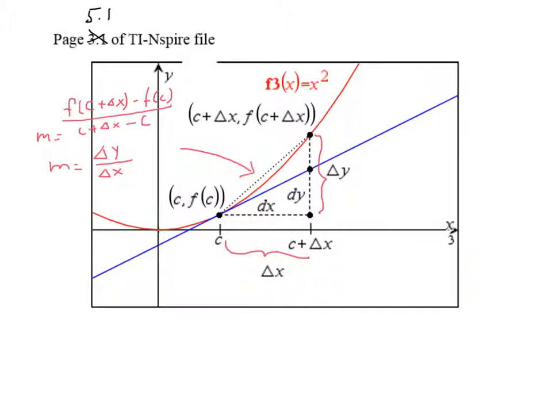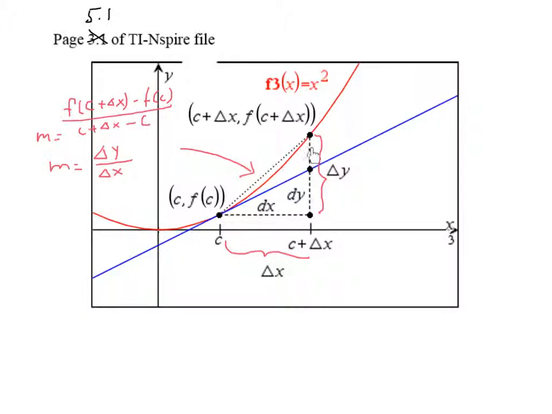Now, as we look at our blue tangent line, we can see it also, of course, contains the point c, f of c. That's the point of tangency, c. And it also has another point that's delta x units away. If you go delta x units away along the x-axis, it also has a point that corresponds with that x coordinate c plus delta x.